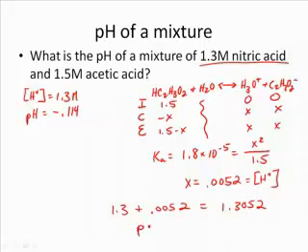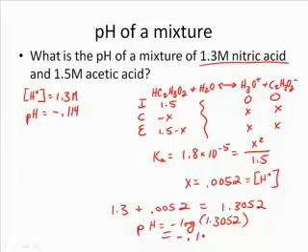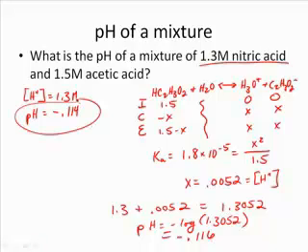And so the pH from that, where we take both of them into account, is going to give me 1.3052, which would give me a negative 0.116. So the difference is out there in the thousandths place. And so really, in this particular mixture, there just isn't a significant contribution due to the weak acetic acid. So we would typically just calculate that based on the nitric acid.